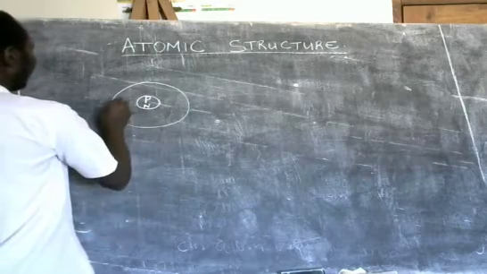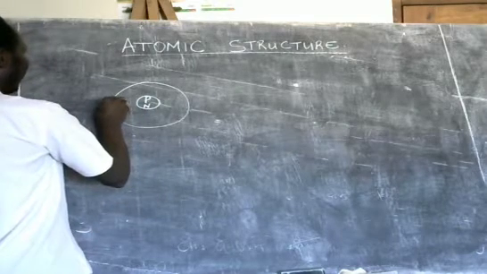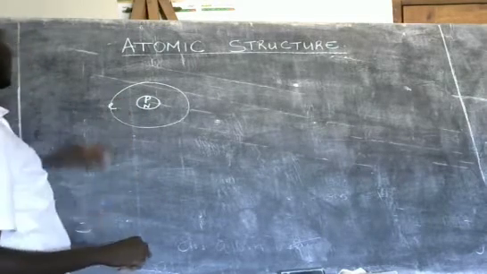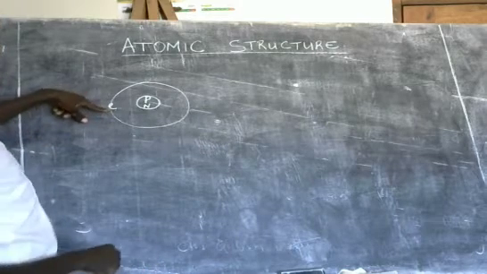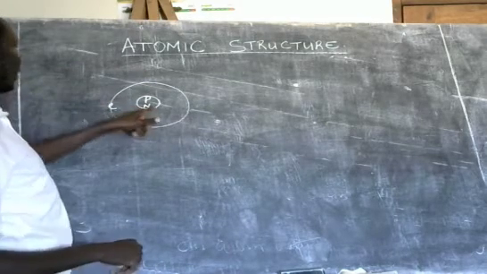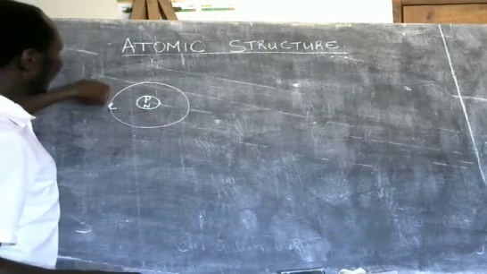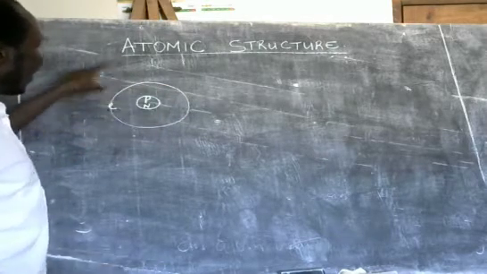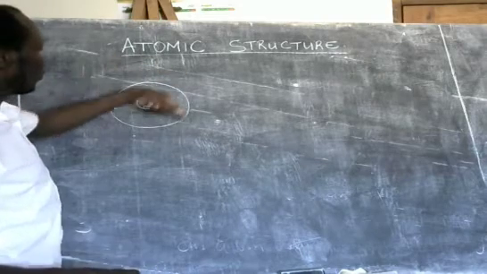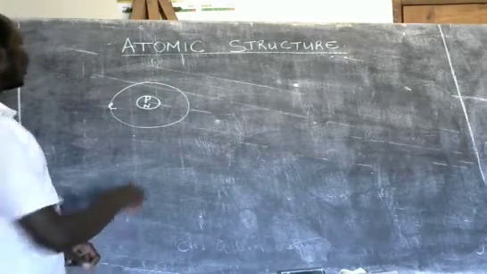Now outside the shells, that's where you find the electrons. Electrons can be represented by small e. So this is P for proton, this is N for neutrons, and this is the energy shell or the path along which these electrons keep on rotating around the nucleus.